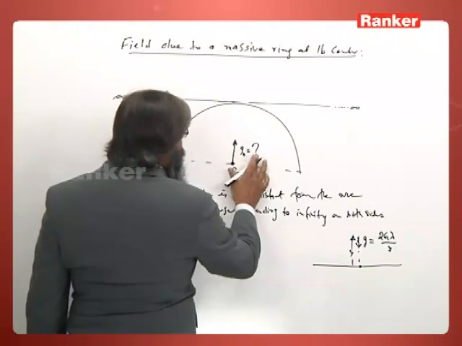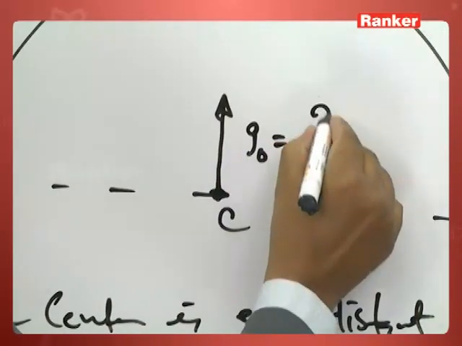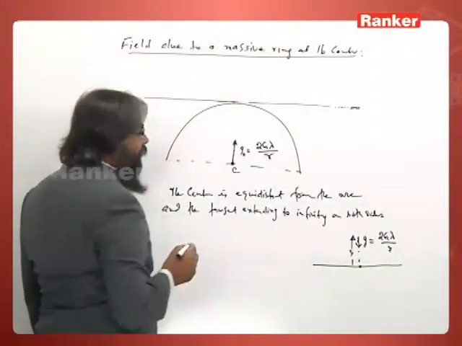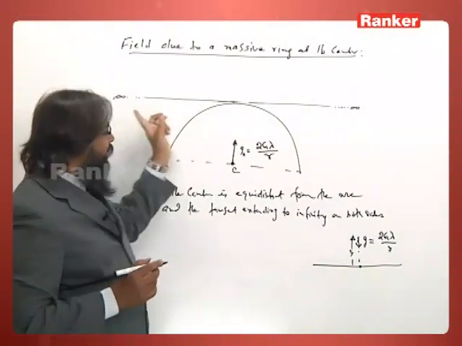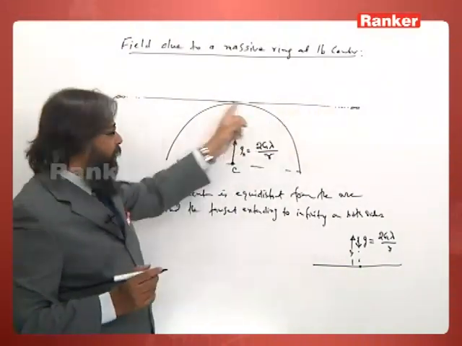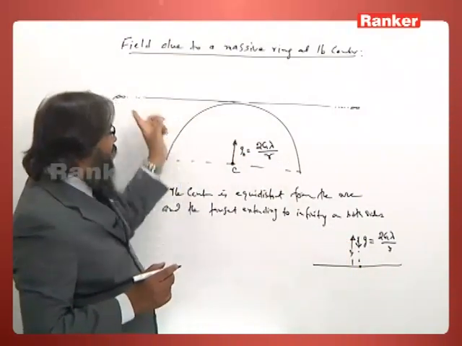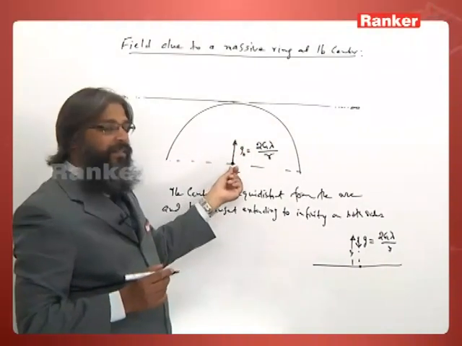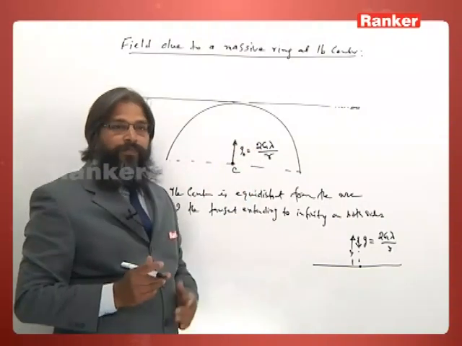So the G0 we get is equivalent to 2G lambda by r. Thus, once I know the expression for an infinite rod, that means this arc and this rod produce the same gravitational field here. So due to this arc also we have this field.